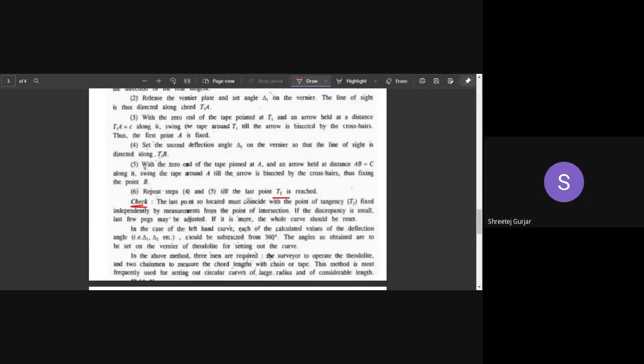So once you arrive using Rankine's method, whatever you have calculated and arrived at should coincide properly. If there is some error, then you have done it wrong. The last point so located must coincide with the point of tangency, fixed independently by measurements from the point of intersection. This is the check you can do on point T2, the point of tangency.